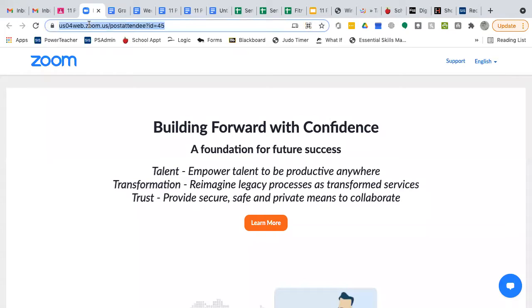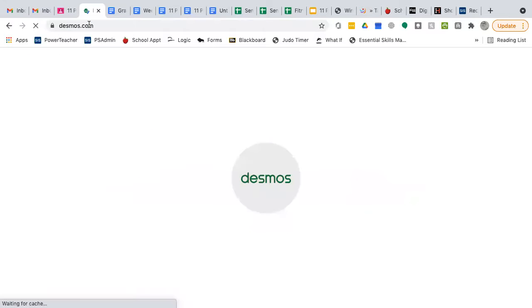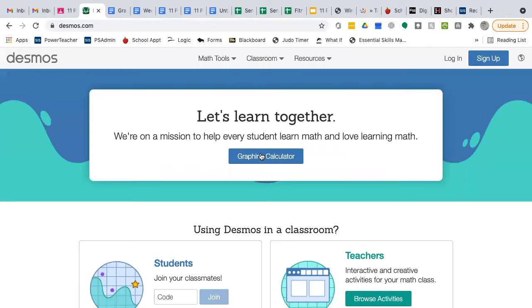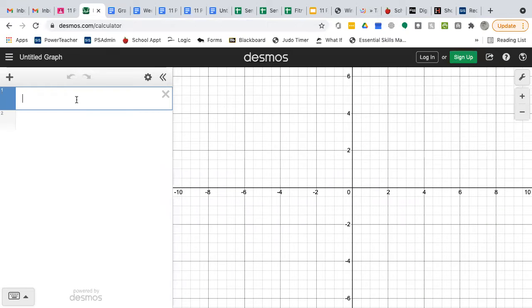Anybody? Nothing? Here's one thing while you consider asking me a question. Something to remember when you are graphing reciprocal. So I mentioned this, I was talking with somebody online on Zoom the other day.